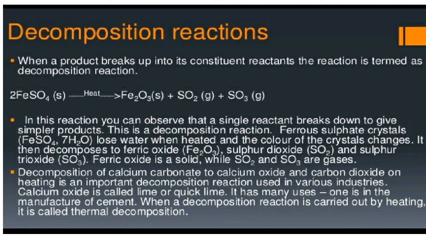If you want to come across another example of decomposition reaction, you can write the combination reaction in the opposite manner. As in combination reaction, we have discussed an example, that is whenever calcium hydroxide combines with carbon dioxide, it results in the formation of calcium carbonate.